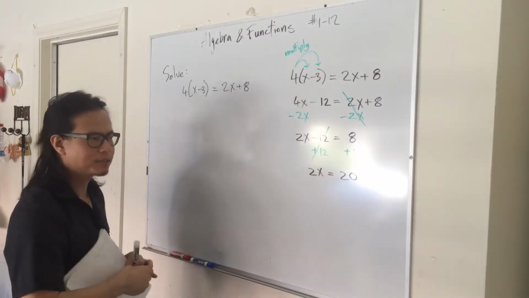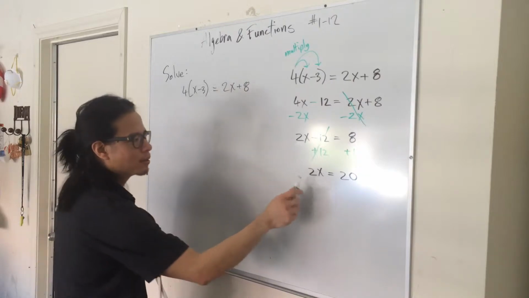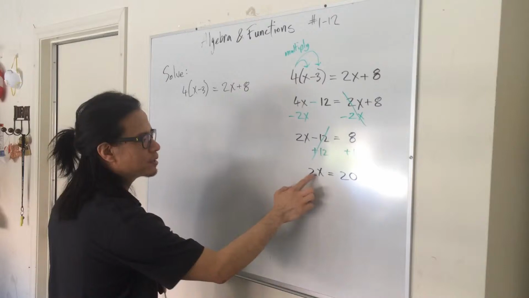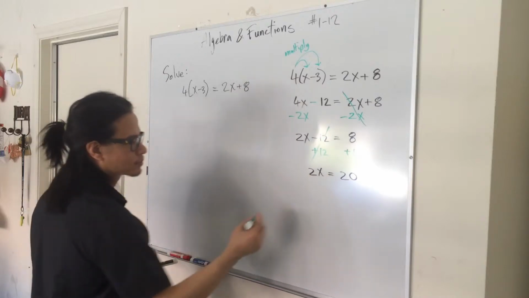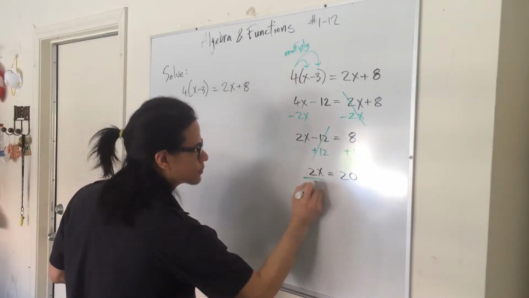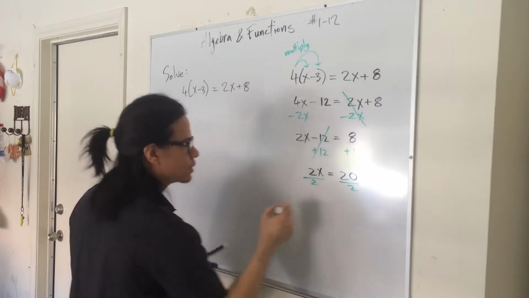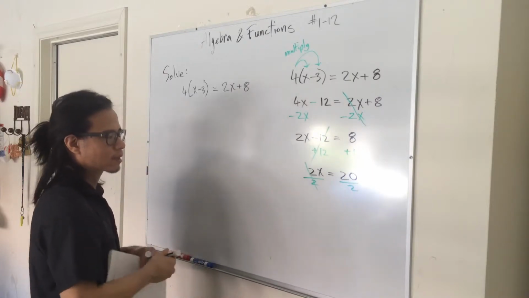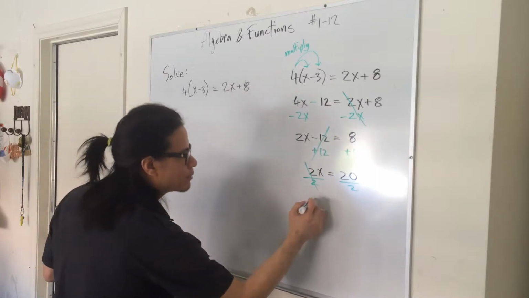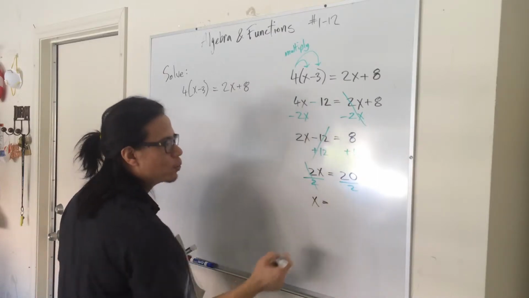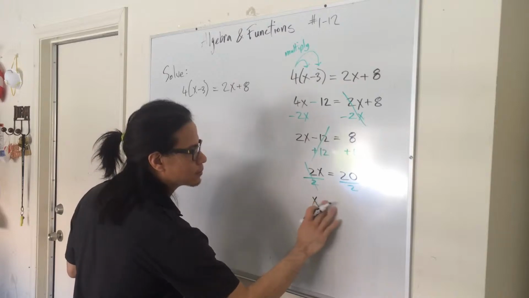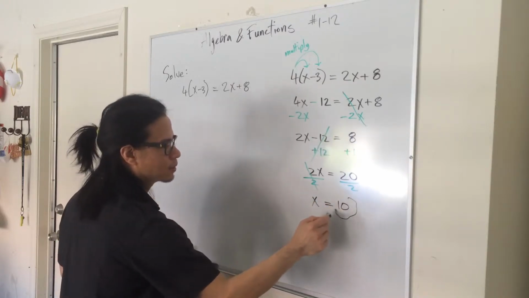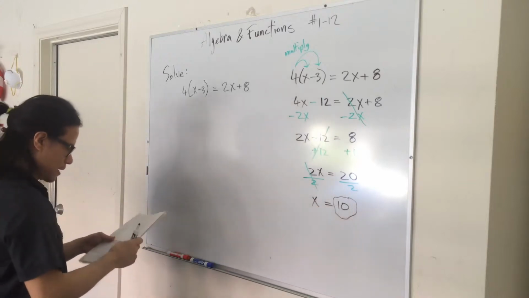Let's take this home, shall we? So here you have 2x equals 20. What is the opposite of times 2? Let's divide by 2. The 2 cancels out. All that we have left is x equals 20 divided by 2, which is 10. There you go.